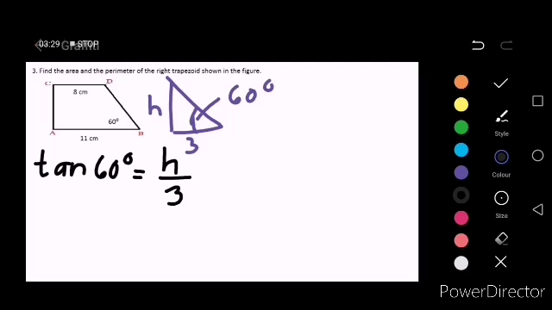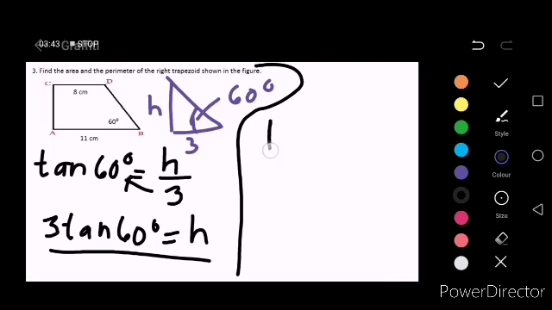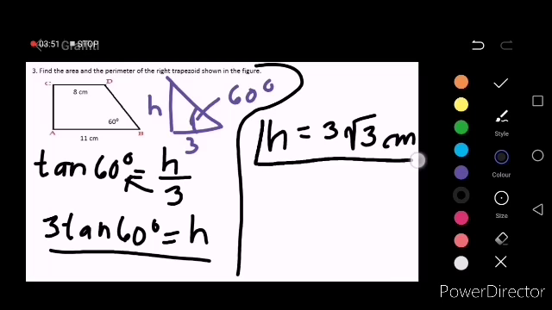Tama? By cross-multiplying this, multiply ko yung 3 sa taas, magiging 3 tangent 60 degrees. And on your calculator, making sure that you are in degree mode, H will be equal to 3 square root of 3 units. Or to be specific, this is 3 square root of 3 centimeters.